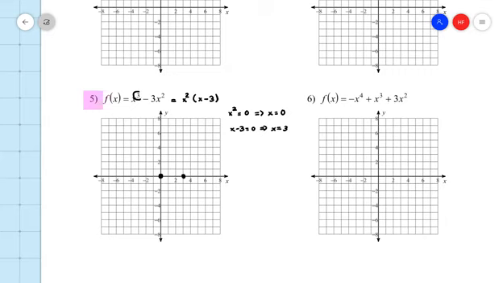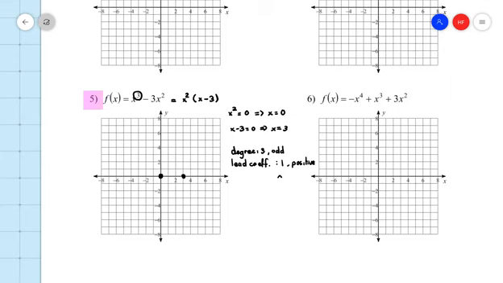And this is a cubic function, so I'm going to look at the degree, which is 3, and that's odd. And the lead coefficient, which is 1, and that's positive.